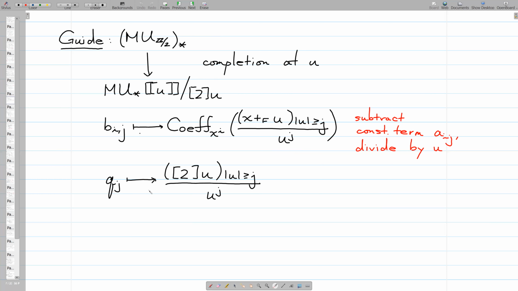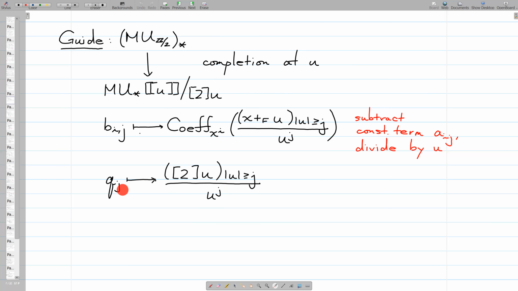And what about the Q's? It turns out you also need an extra sequence of generators. You take the 2-series in U, and again this notation, the absolute value of U greater than or equal to j, just means you take only the terms where U has at least j power, divided by U^j. That's a power series.